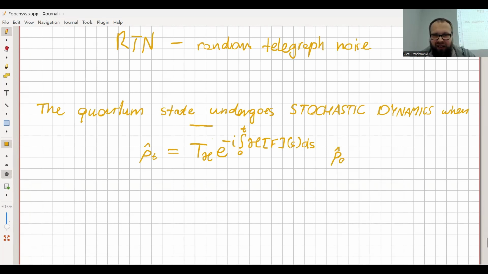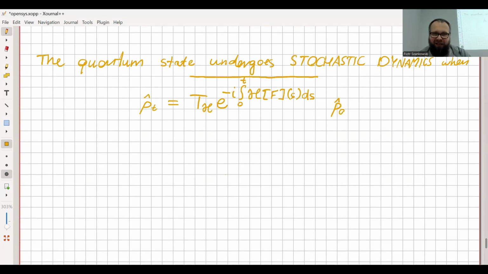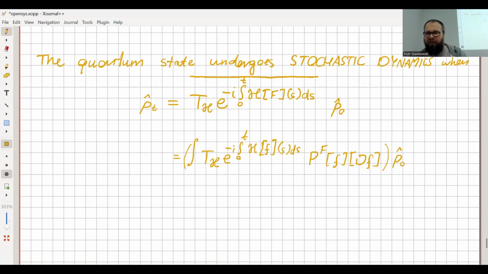Or in more explicit terms, I will explain everything in a second: the average over the functional distribution of the process f, dF, of this superoperator acting on the initial state.